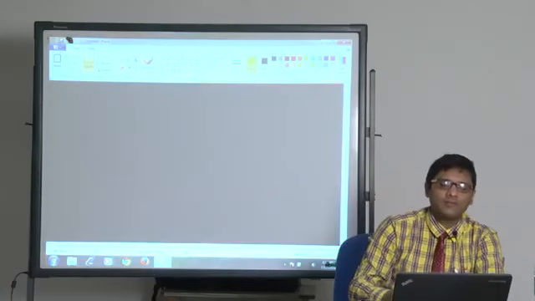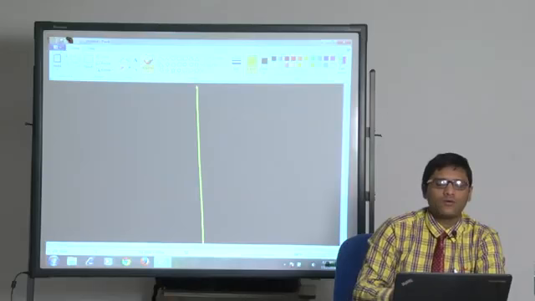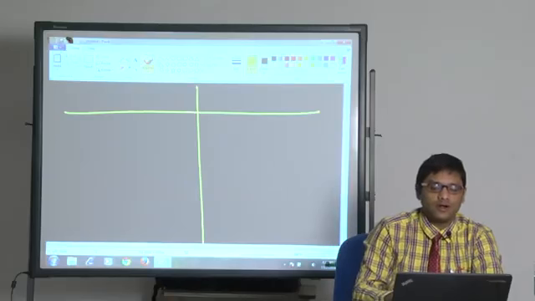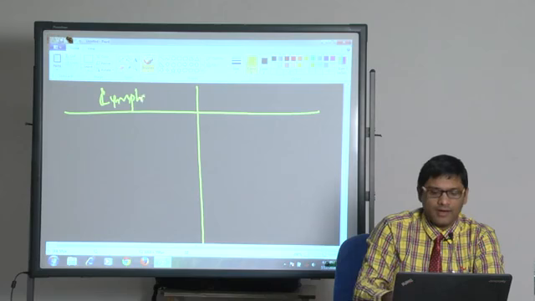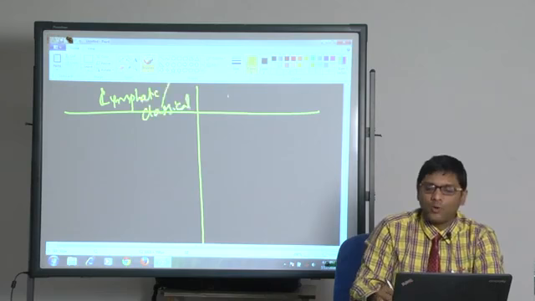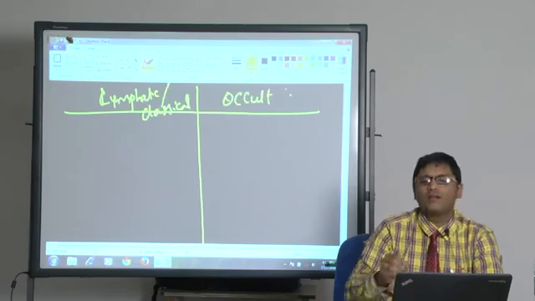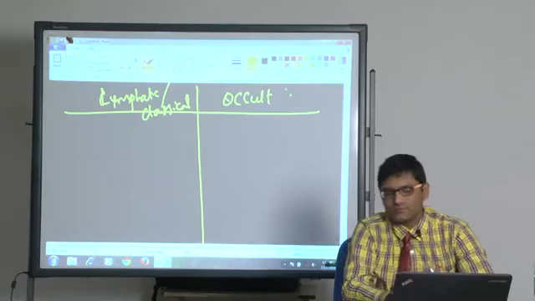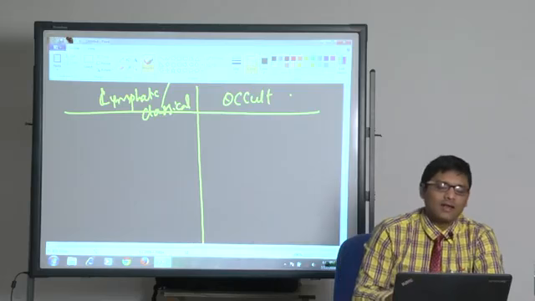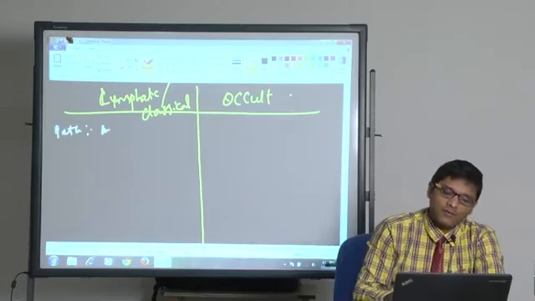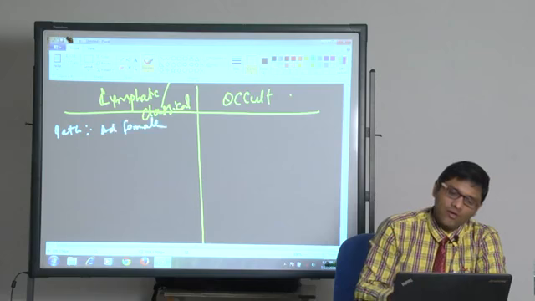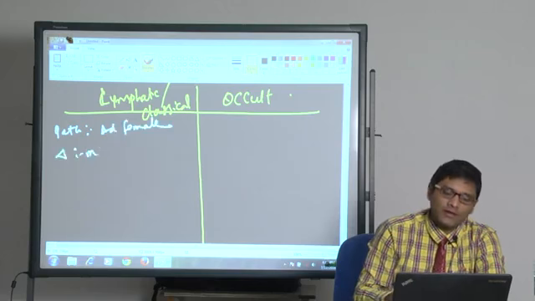In contrast to lymphatic filariasis, there is one more form of filariasis. I mean, lymphatic filariasis is otherwise called classical filariasis. One more variety is called occult filariasis. What is the difference? In lymphatic filariasis, the pathogenic form is the adult female, whereas the diagnostic form is microfilaria in blood.